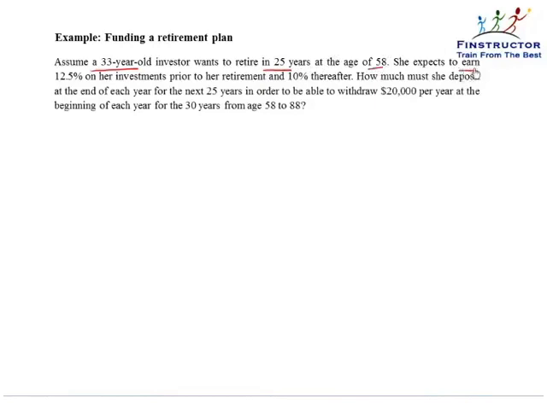She expects to earn 12.5% on her investments prior to her retirement and 10% thereafter. How much must she deposit at the end of each of the next 25 years so as to be able to withdraw $20,000 every year at the beginning of each year for the 30 years in her retirement, from the age 58 to 88?